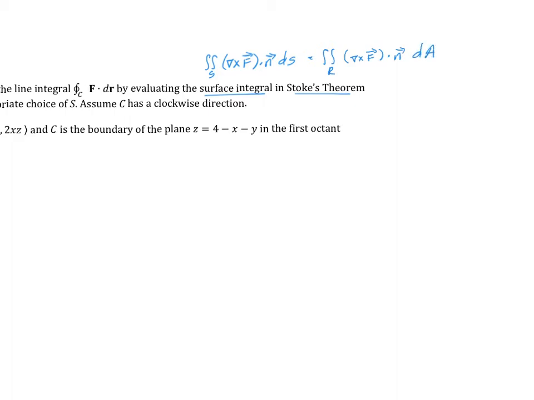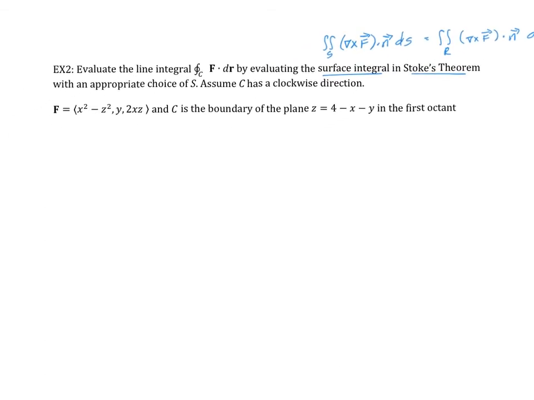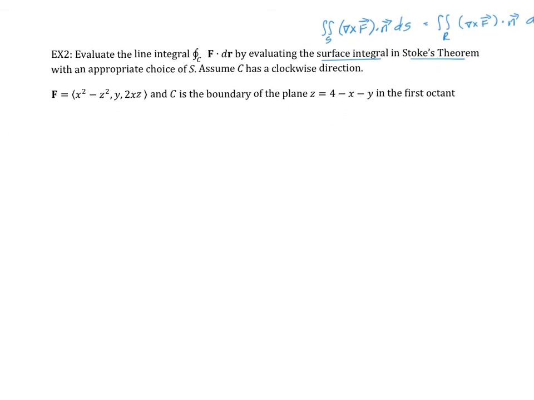We're allowed to do that. So I have my vector field. C is the boundary of this plane z equals 4 minus x minus y. I have no problem figuring out the cross product between del and F, not a big deal. N is going to be an issue.